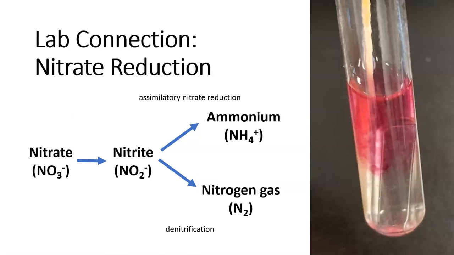In the laboratory, we can characterize microorganisms based on their ability to reduce nitrate. There's a test called the nitrate test, where we grow the organisms in a medium that contains an excess of nitrate. We then can detect nitrate reduction by looking for the presence of nitrite. We add chemicals that react with nitrite to produce the red color that you see in this picture here. All right.